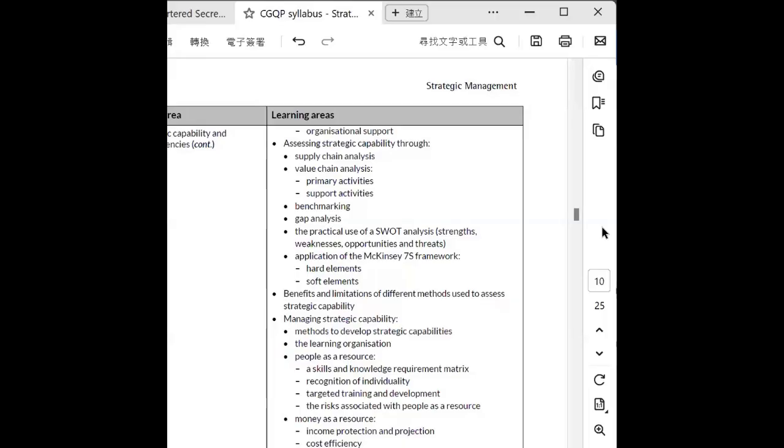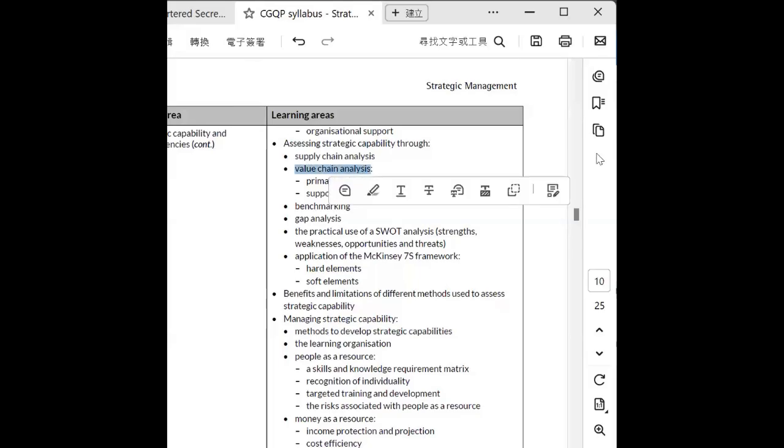The next will be assessing your strategic capability. Again, we say that we could analyze the supply chain. It is crucial to understand how the value flows across the supplier, production, and distribution. So it will help to identify the bottlenecks, reduce the cost, and improve the responsiveness.